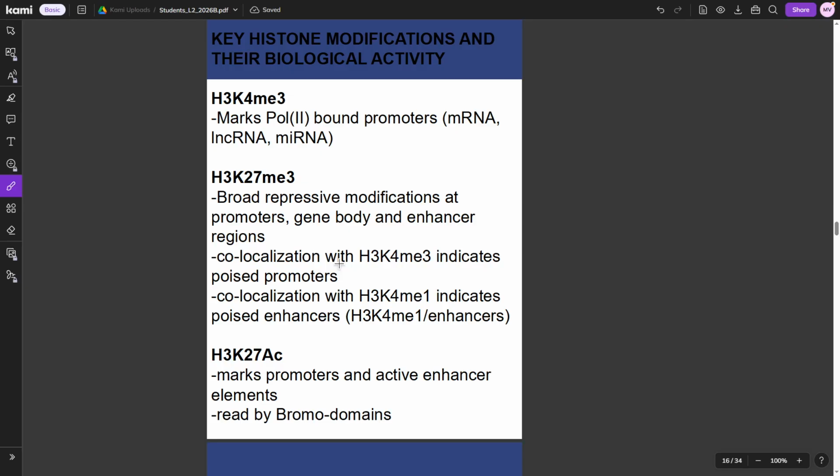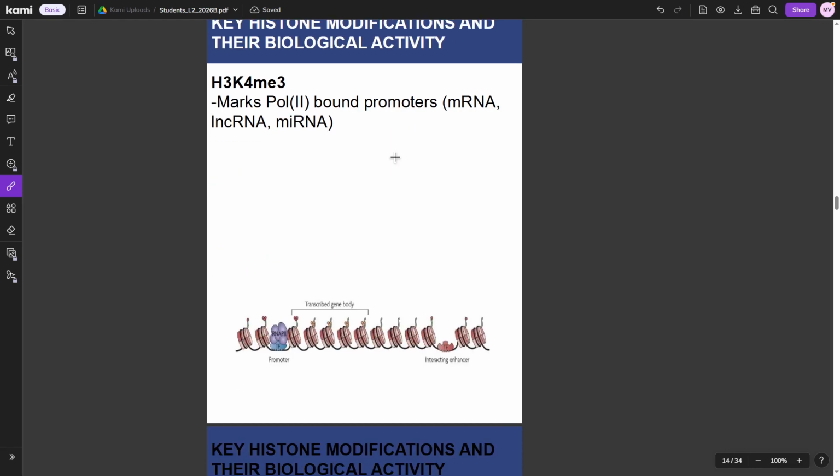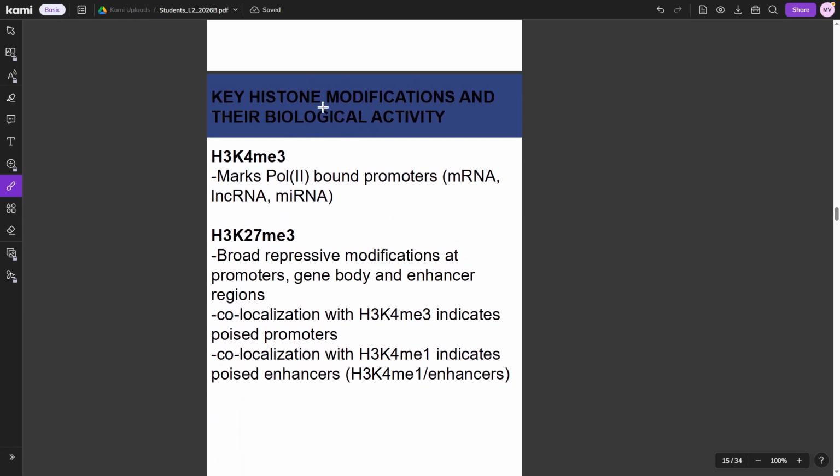A lot of these are just markers for how things interact. For example, promoters that are bound by RNA polymerase 2, any RNA polymerase 2 bound promoter, are marked by this lysine.